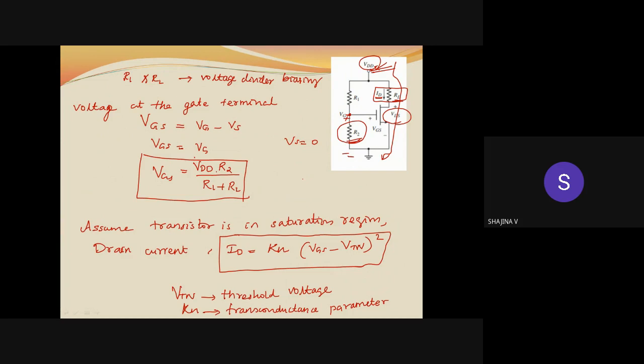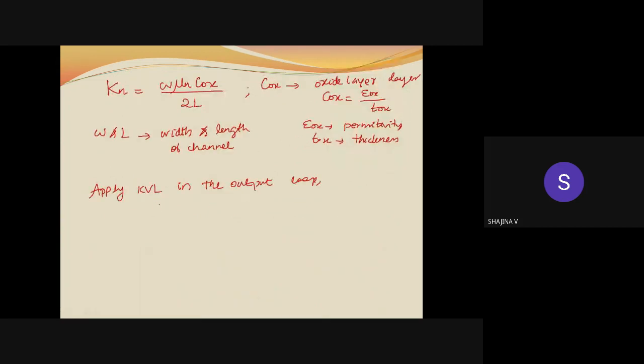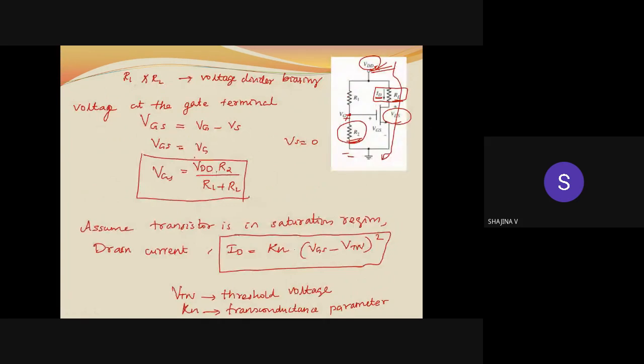So applying KVL, it is VDD minus IDRD minus VDS equal to 0. From this equation, we can write VDS is equal to VDD minus IDRD. So these are the expressions by analyzing the DC circuit in this case.